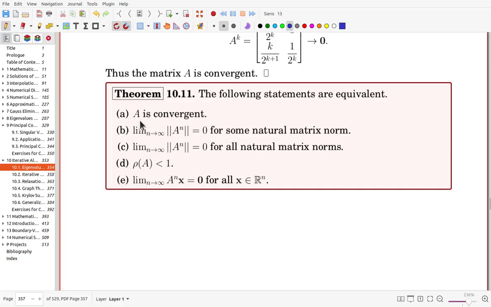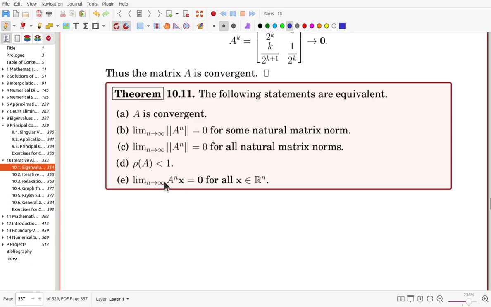A is convergent is equivalent with this statement: the spectral radius of A is strictly less than 1. That means the maximum eigenvalue in modulus is strictly less than 1.